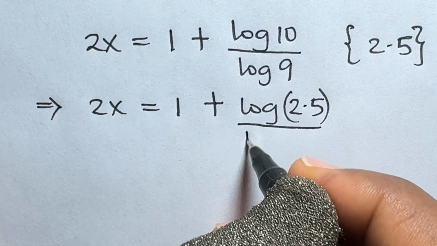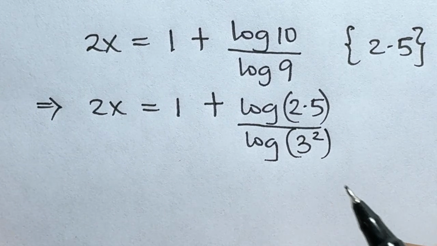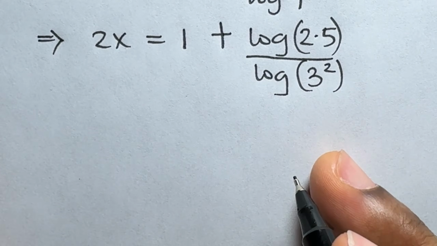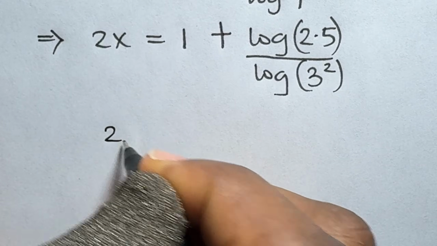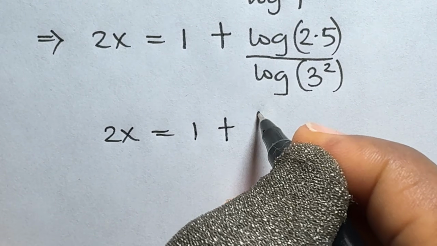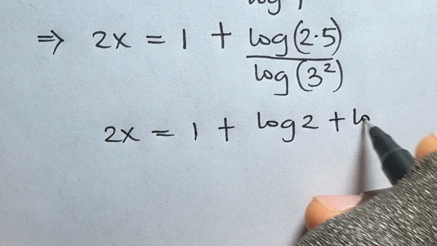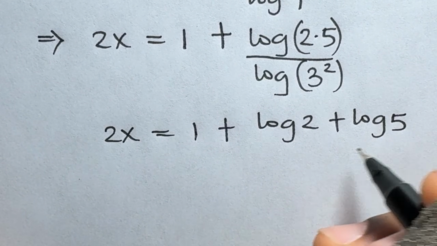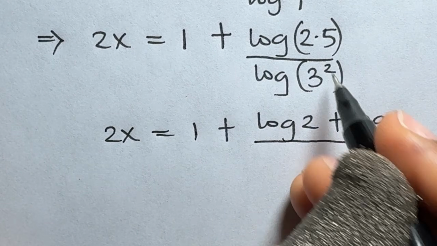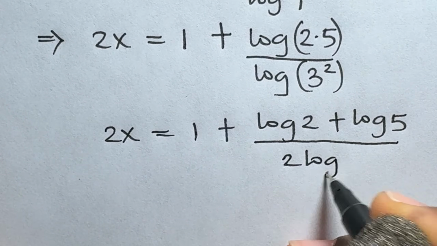And 9 is 3 raised to power 2. Therefore, this equation becomes 2x is equal to 1 plus log 2 plus log 5 all divided by log 3 squared, which will now be 2 log 3.